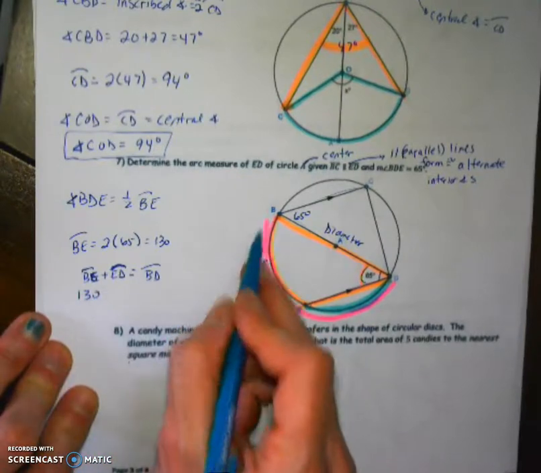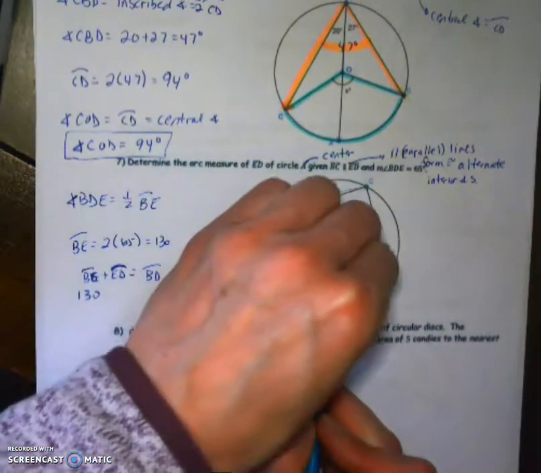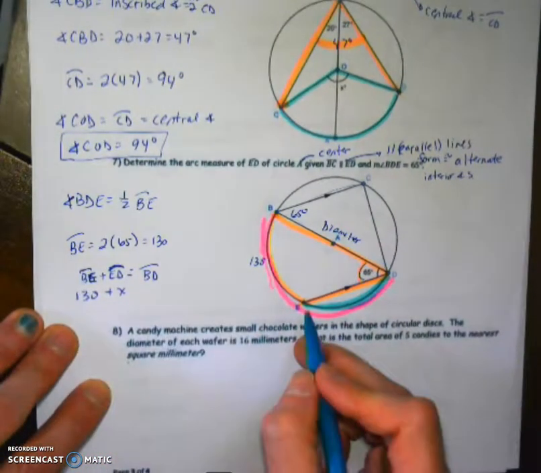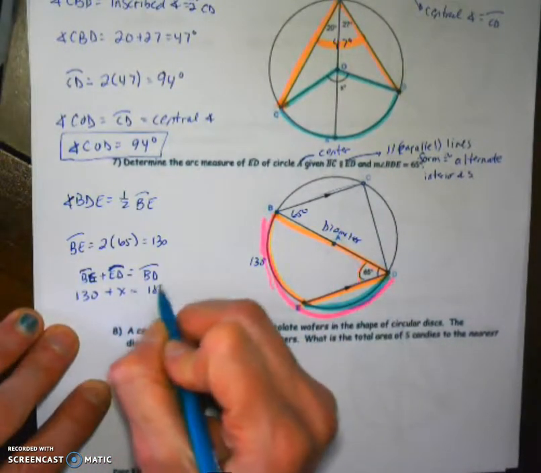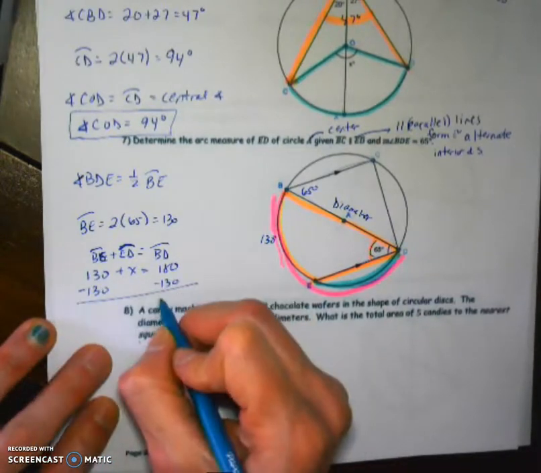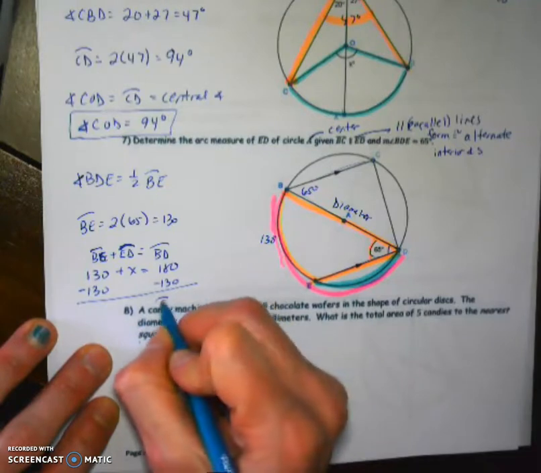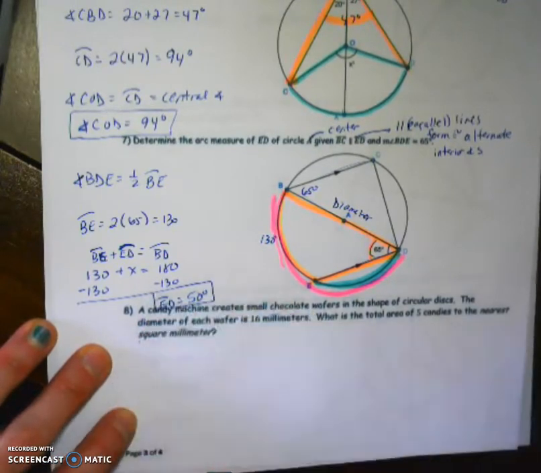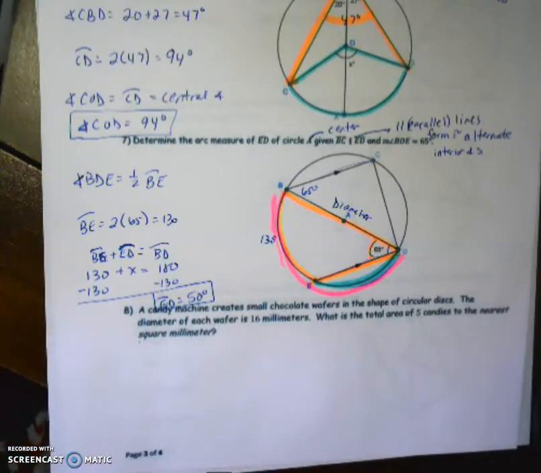Arc BE is 130 degrees because the inscribed angle is half of that arc, plus arc ED is going to give us 180 degrees. So 180 minus 130, we're going to get arc ED to be 50 degrees. And I am going to end right here, and I'm going to start up on the next video.